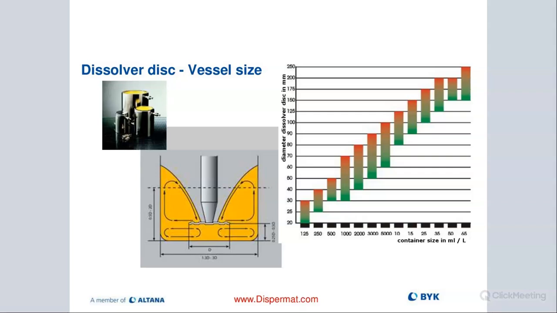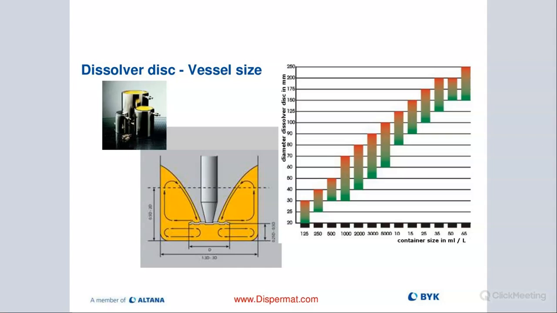So the graph here on the right side will show you the range of dispersion plates that we can use for different viscosities for different container sizes. So let's say I make it easy here, 1000 milliliter container. I can use dispersion plates all the way from 30 millimeter diameter up to 70 millimeter diameter.